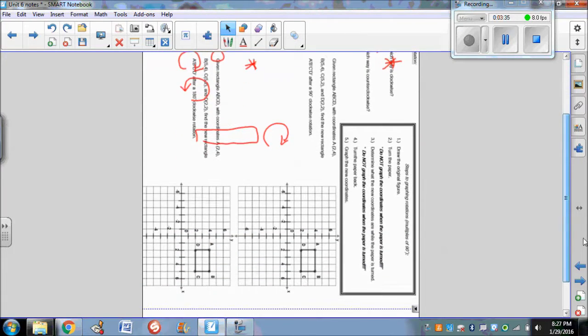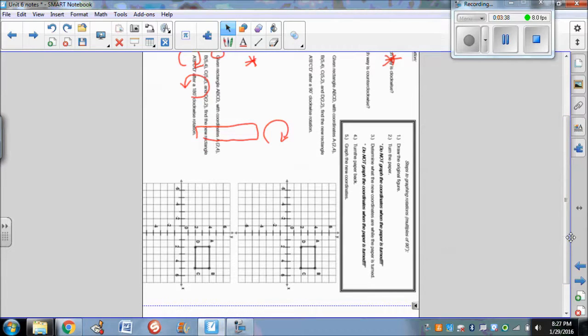Now I'm not going to write anything, because obviously I can't, as I've literally turned my paper, turned the screen here. But let's look at this rectangle. What would be the new coordinates when I turned my paper? Now I said don't write anything, don't graph anything. What you're going to be doing is writing on a scrap piece of paper, maybe over to the side.